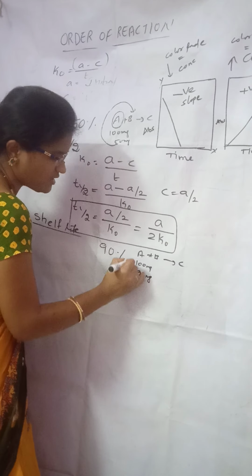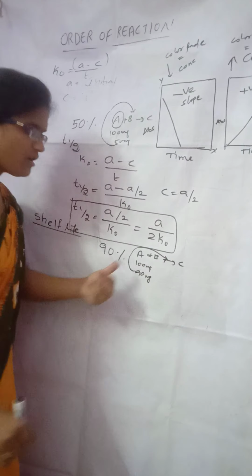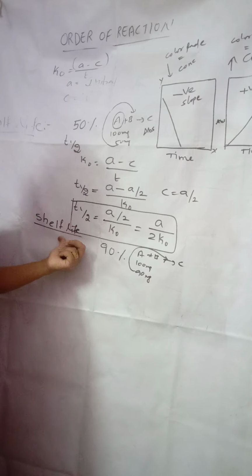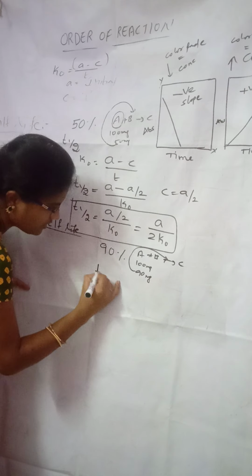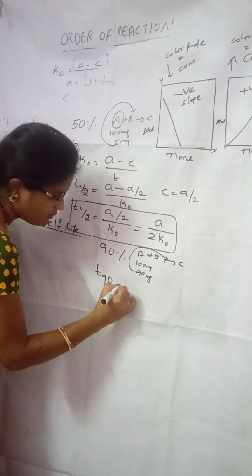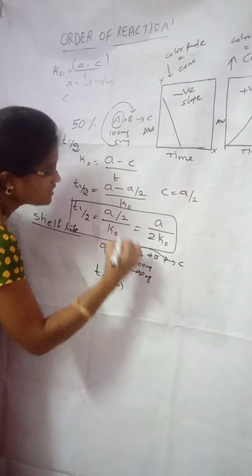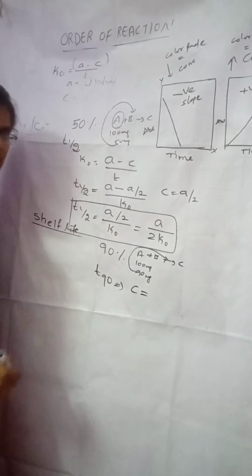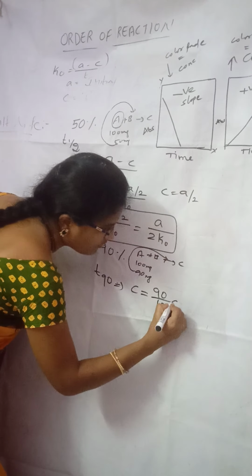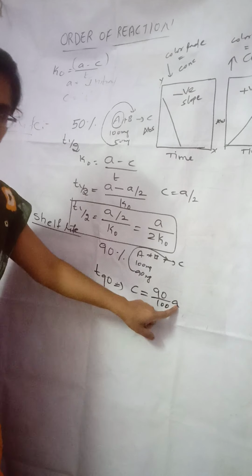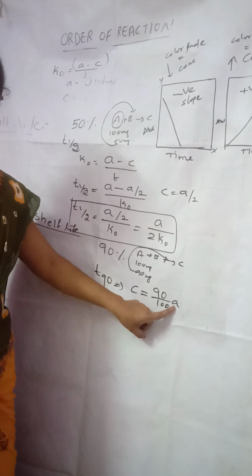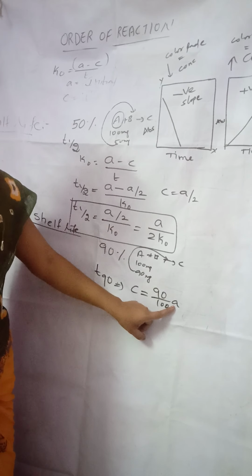The time A takes to utilize this 90 mg in the reaction can be called shelf life. It is indicated by T90.